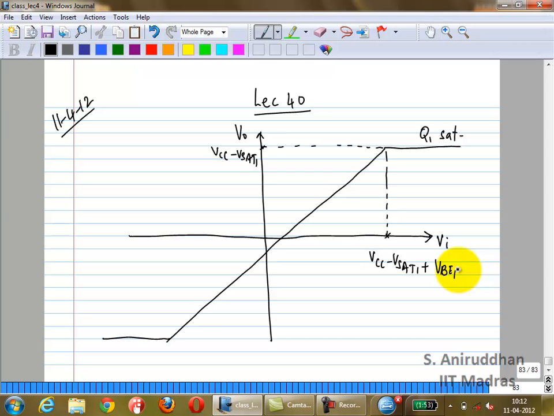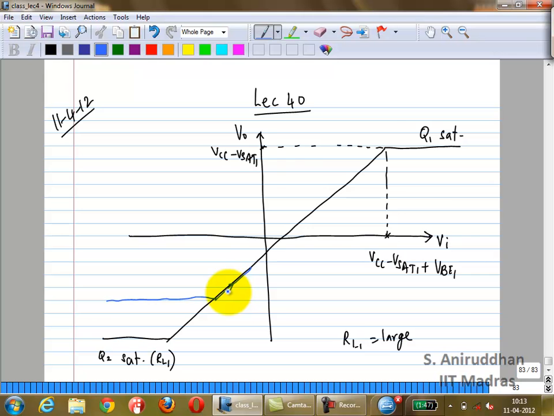At the lower end, this is the case when Q2 is saturated. So we'll call that RL1, where RL1 is very large. Okay? And if your bias current is different, you can have a case like this. And then it follows the same thing this way.